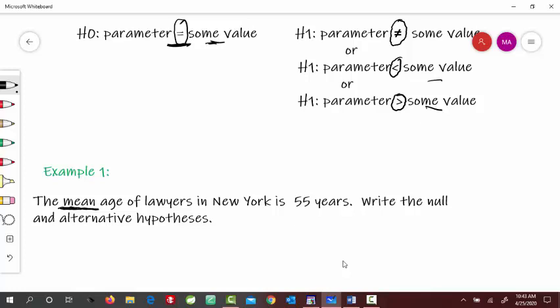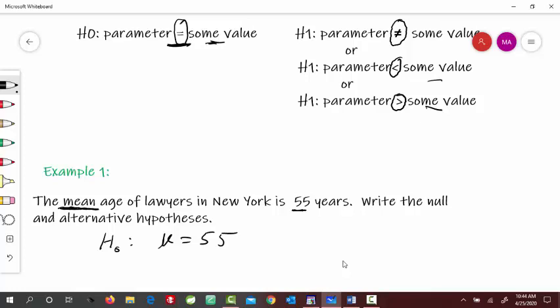In the null hypothesis, the parameter is equal to some value, and that value is 55. So the null hypothesis H sub 0 would be that mu is equal to 55.